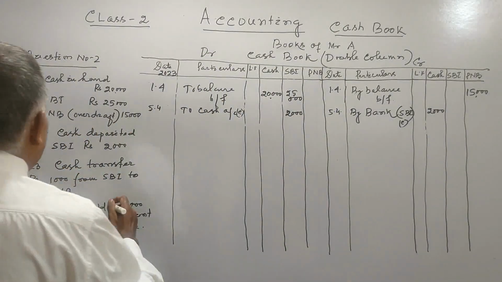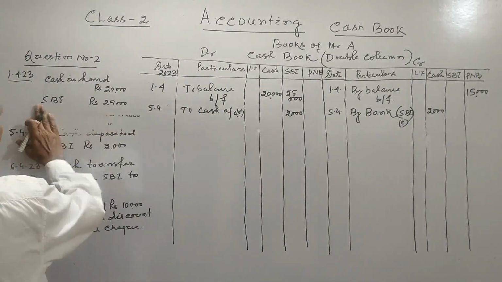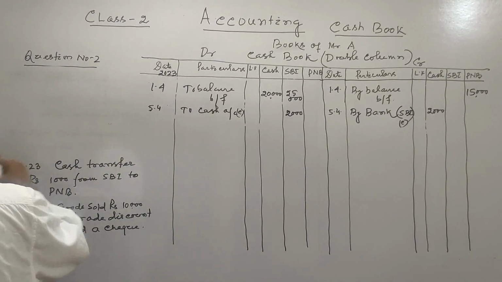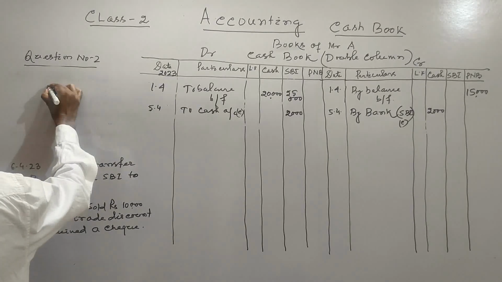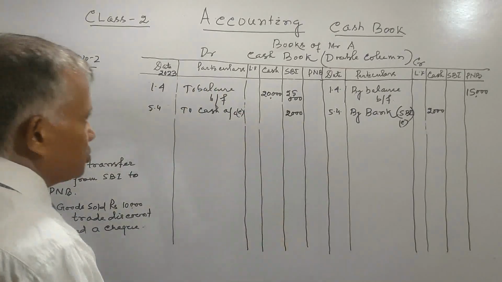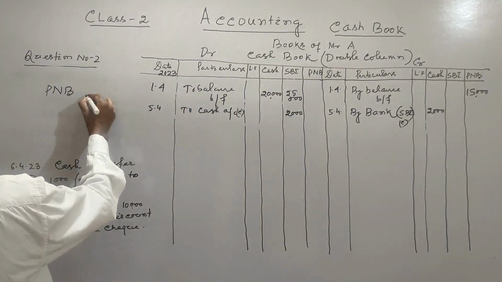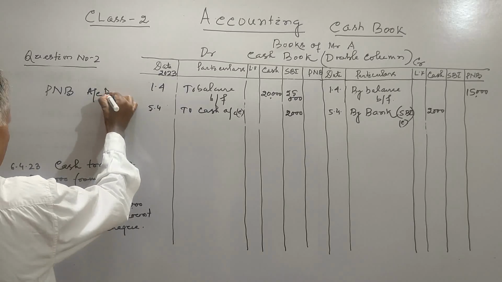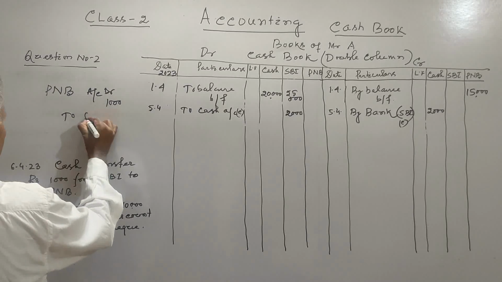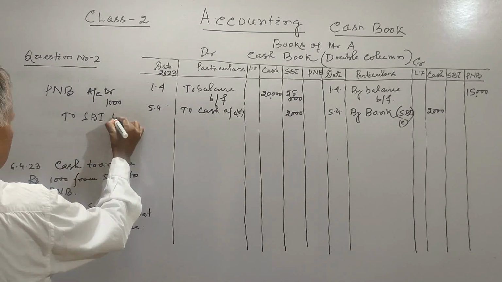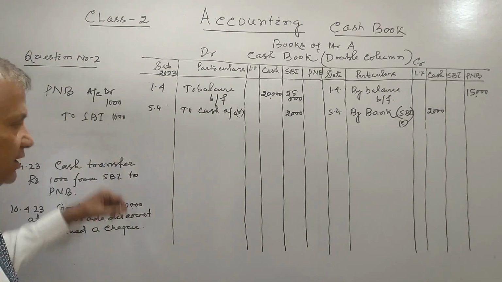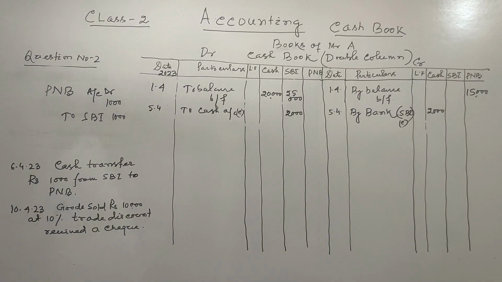Friends, the journal entry for the same will be: your PNB is the receiver, money is coming to PNB, so PNB account debit 1000 to SBI, this is also 1000. So PNB account debited to SBI 1000.